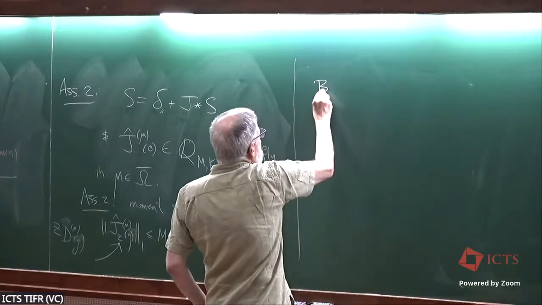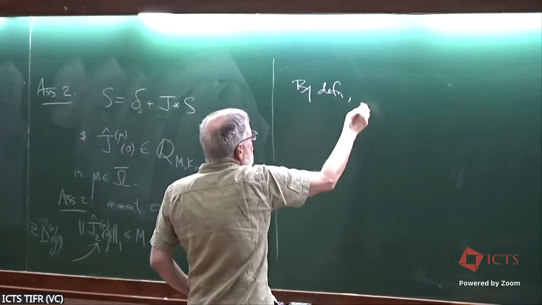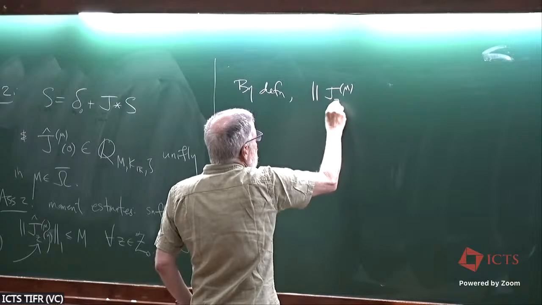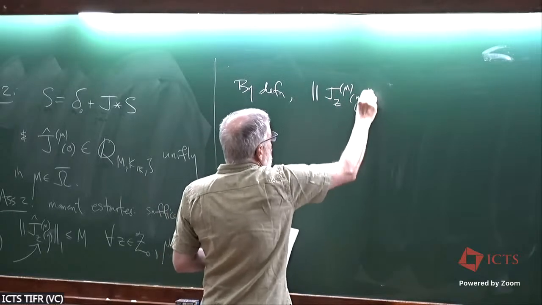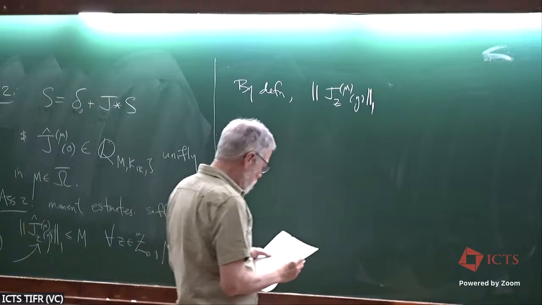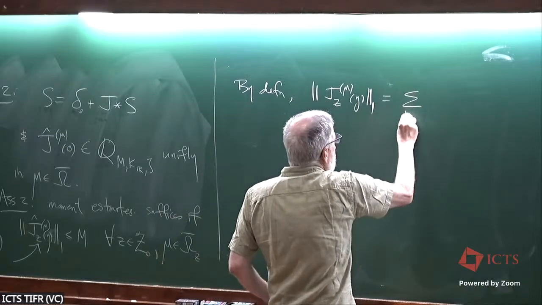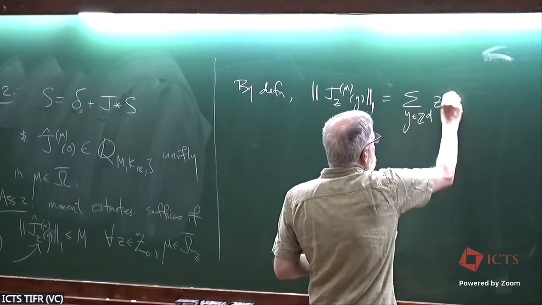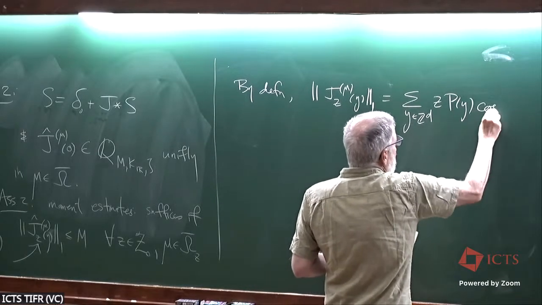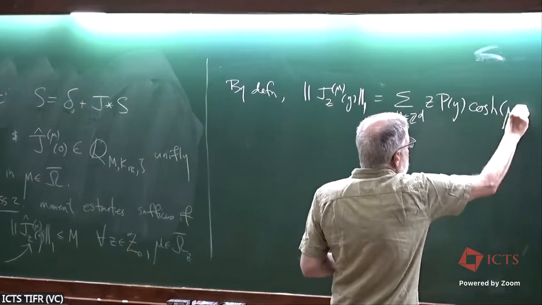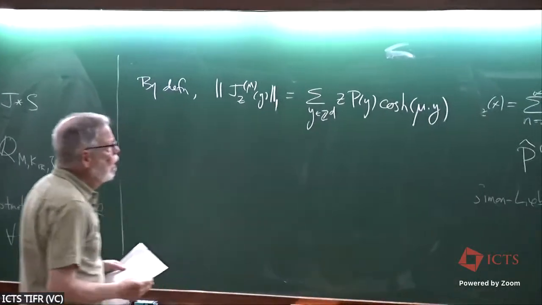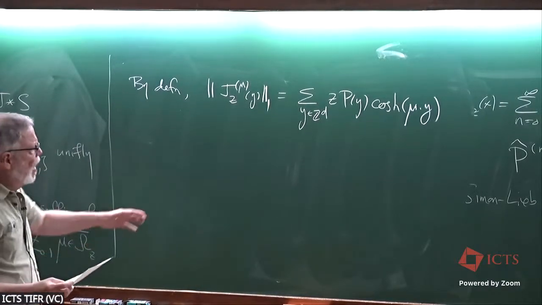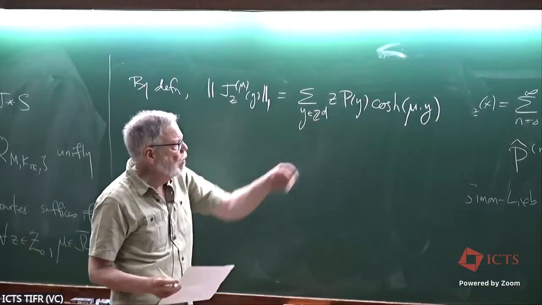So by definition, the norm of this tilted J is just equal to the sum over Y in Z^D of z times P of Y times the hyperbolic cosine of mu dot Y. But Y has to be a neighbor of the origin, otherwise this P is equal to 0.